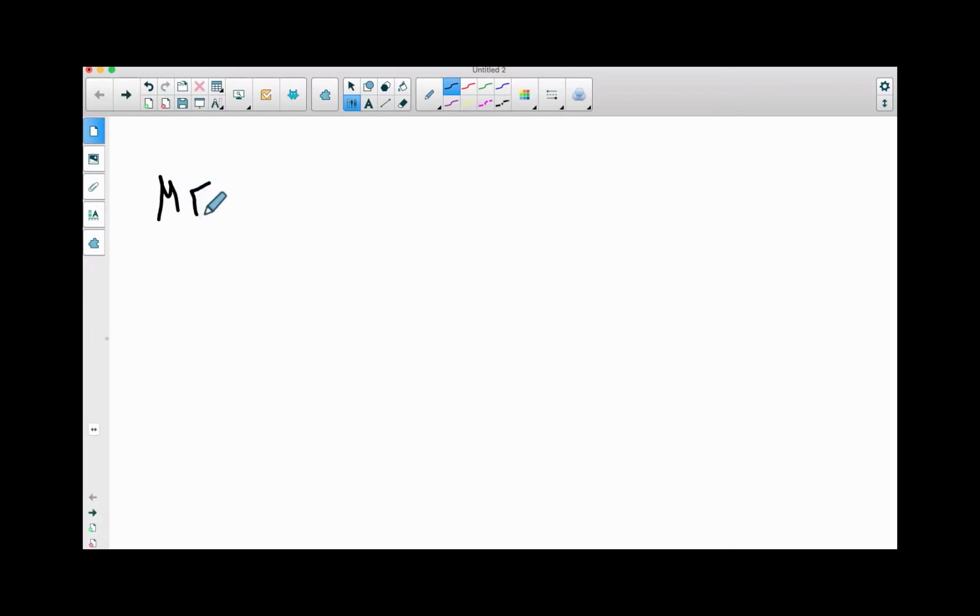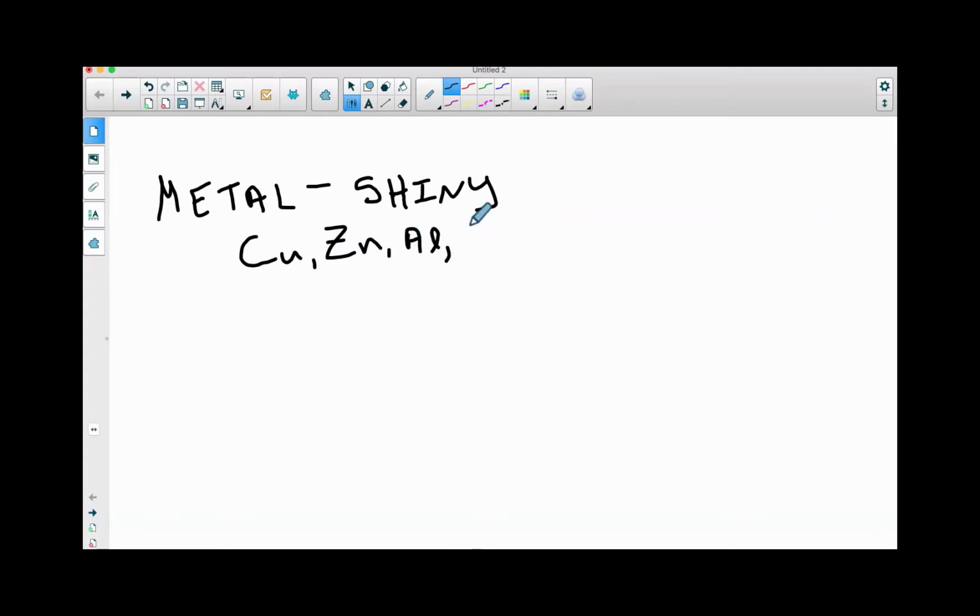So one thing to look for, when you have a pure metal, that's going to tend to be shiny. So when you have something like copper, zinc, aluminum, and silver, these are all metals that we use quite a bit in chemistry. These are all examples of pure metals.